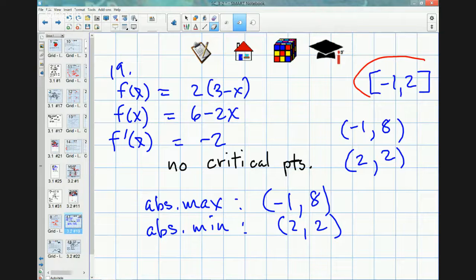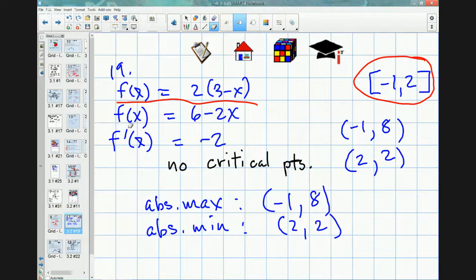In other words, this time they said, here's your function, and here's your interval. It says find the absolute extrema. Okay, so a little bit different.